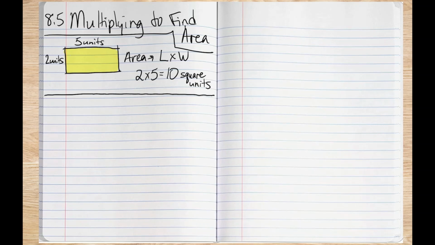However, in this unit, you're going to encounter area for shapes that look like this. Let's say this shape is 3/5 of an inch long and 7/8 of an inch wide.